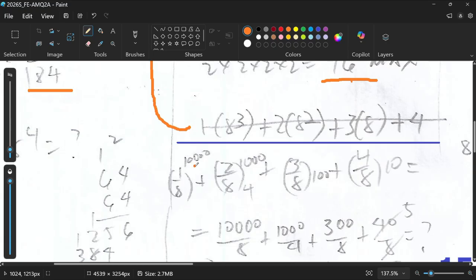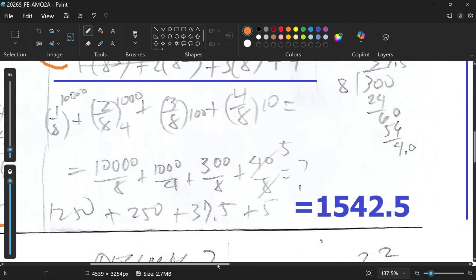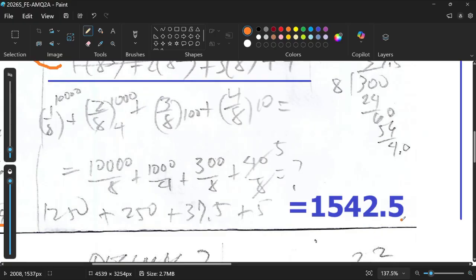And then I thought that in 10,000, how many eights could there be? So I divided it by 8 and did the same with the rest. And somehow, lo and behold, I arrived with 1542.5, which is the answer to letter C.